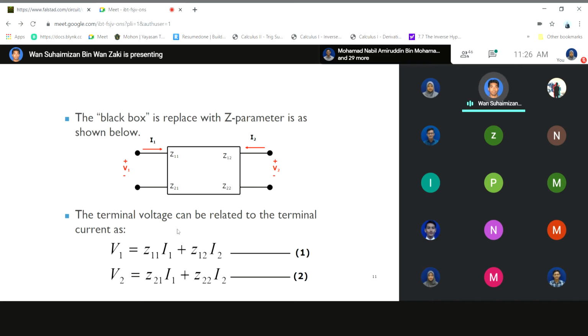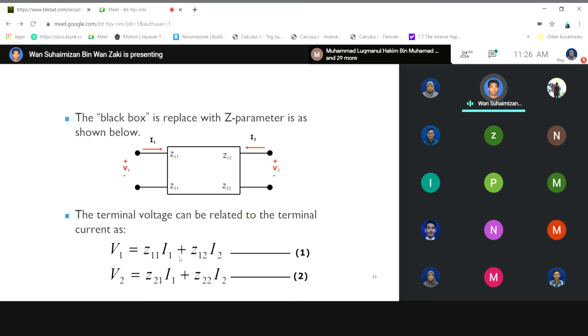This equation you have to remember, because if you have a wrong formula or wrong equation, you will get a wrong analysis when you try to answer the question.